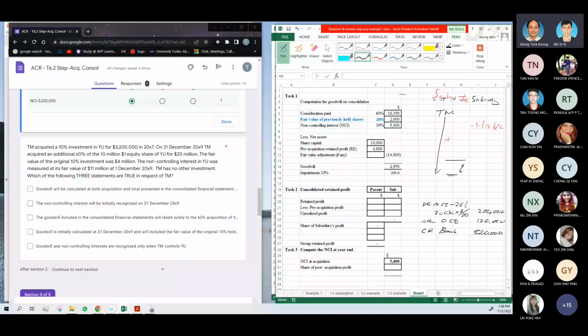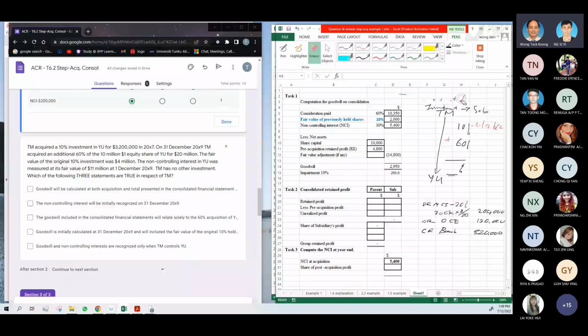Now this thing is investment to subsidiary. Okay, investment to subsidiary. Then now what you need to do is the 10% one here, fair value it, and get the gain or loss going to P&L.